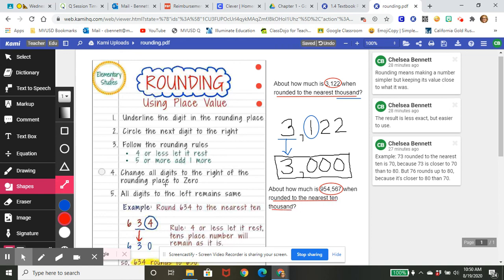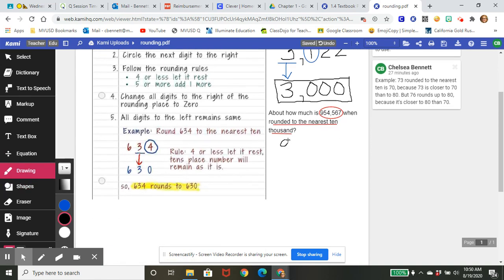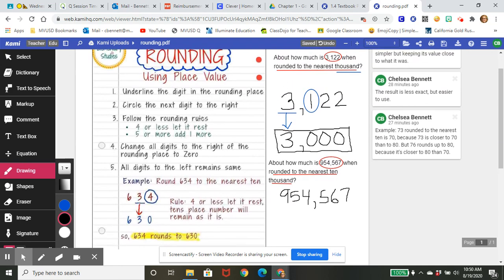Okay, so first, if I had a piece of paper, here's what I'm going to do. I'm going to write out that number again. 954,567. Okay. And then I'm going to follow my rules. Step 1, underline the digit in the rounding place.